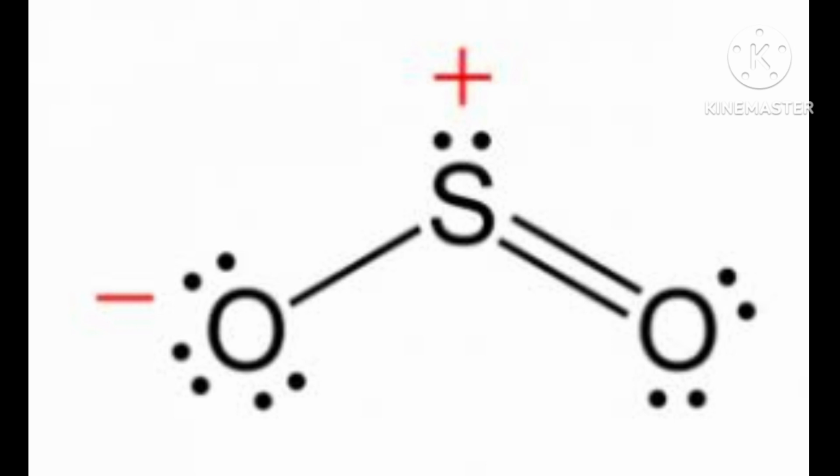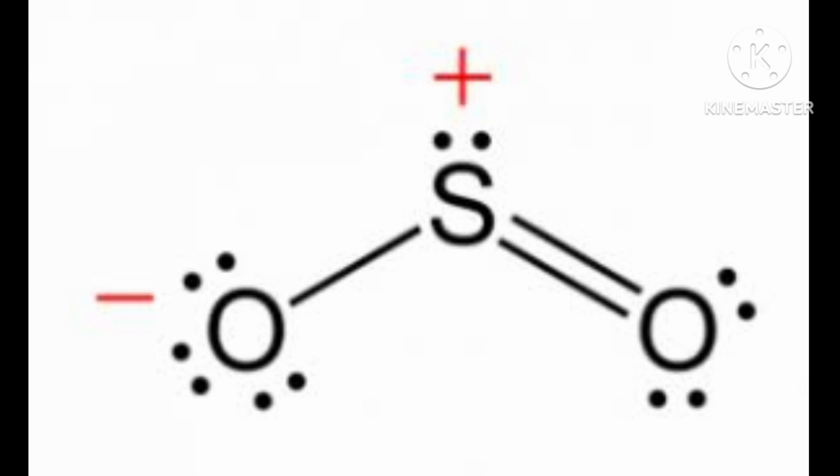Dilute sulfuric acid means you can write it 2H plus, H plus means acid. Then SO3 2 minus plus 2H plus, in aqueous solution it forms SO2 plus H2O, means liquid water. SO3 2 minus plus 2H plus gives H2O plus SO2.